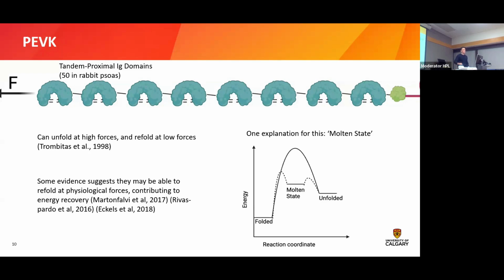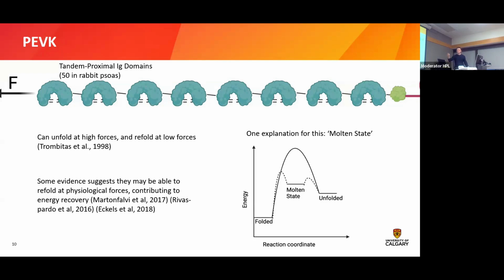The idea of a molten state is maybe there's a partially unfolded state. The reason why this is proposed is lots of different proteins have something called a molten state. If you look at protein folding energetics, lots of them have a folded, an unfolded, and a bunch of in-between states.